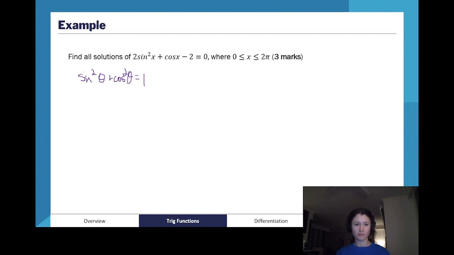So right here what we can do is say 2 sine squared theta is actually equal to 2 times 1 minus cos squared theta. So we have 1 minus cos squared theta plus cos, sorry, I'll put in x.